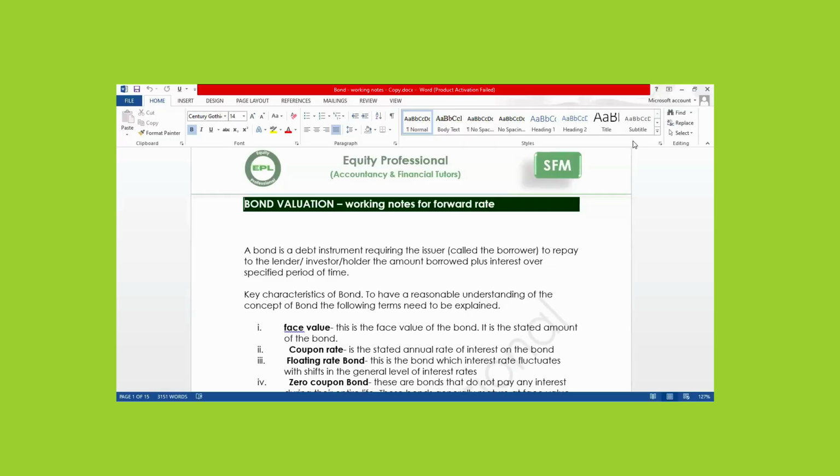From the perspective of the lenders, that is the investors, a bond is an investment asset, and the interest receivable is an income.